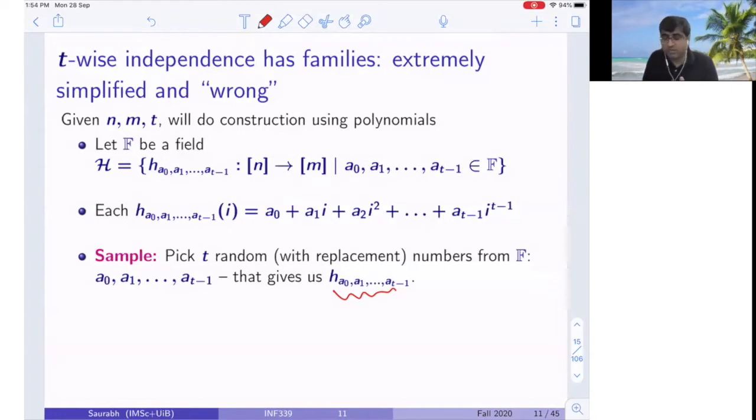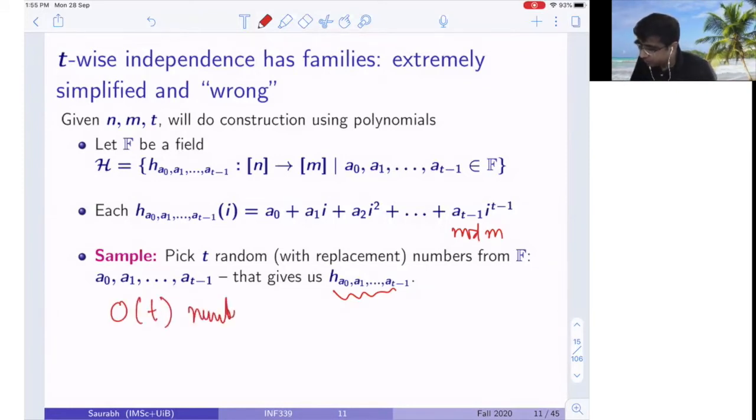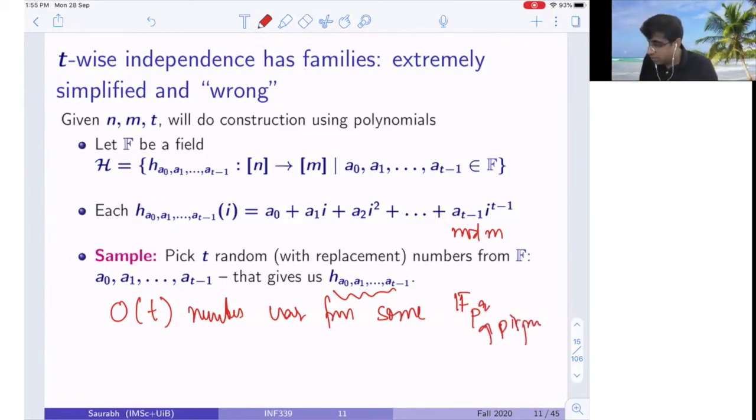So all I wanted to tell you is that if you wish to get a family of hash functions which is t-wise independent from wherever to wherever, it doesn't matter for now. Of course, based on what the range is, you may have to do some mod m or some other operation, but let's not worry about those things. It will just mean that you have to pick some order t numbers uniformly at random from some F, let's say p^q, where p is a prime, okay?